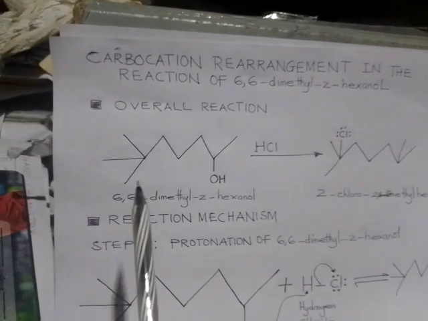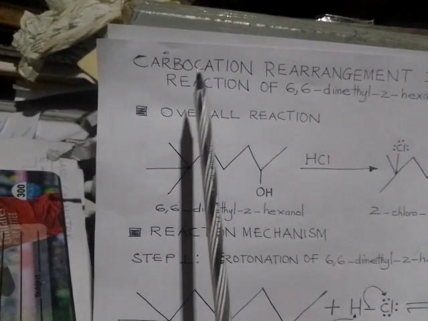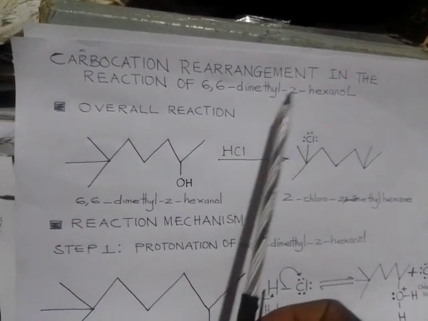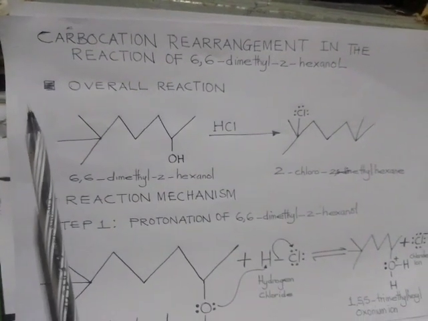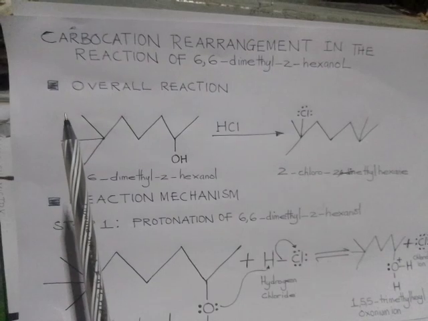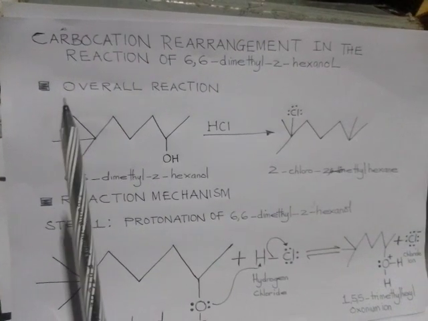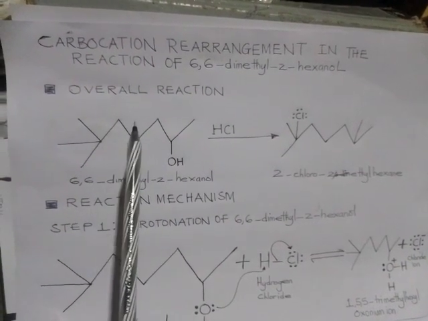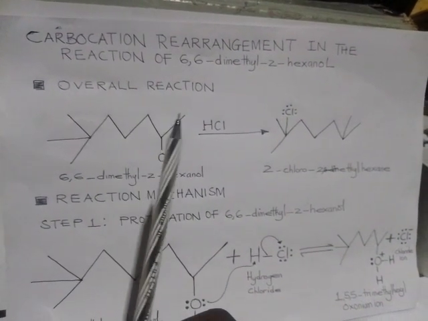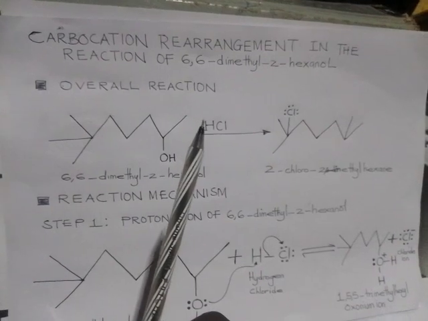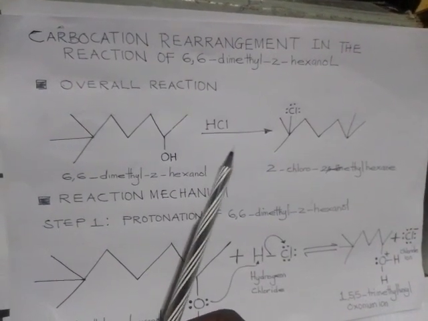In this video, I'll be taking you through carbocation rearrangement in the reaction of 6,6-dimethyl-2-hexanol. Before going through this reaction, I would like to look at its overall reaction, because it is going to show us how our product will look.